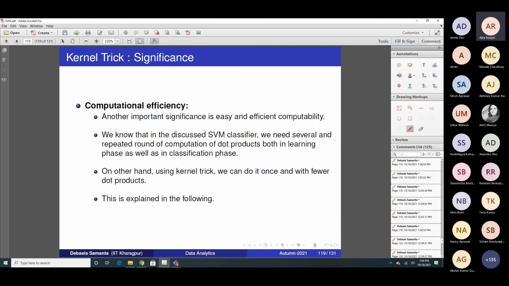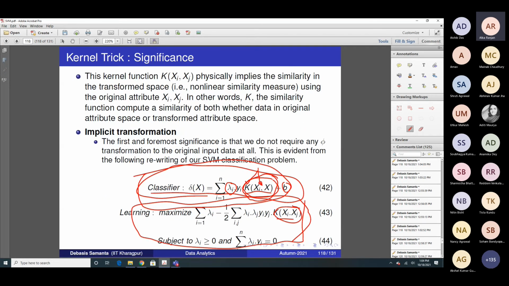Only in case of computation, as you know, the unknown parameters are lambda i's, that is the Lagrangian multiplier, and then the b value, the constant. This is the one-time computation. Once the unknown parameters are known to you, and you have developed the Gram matrix, then you can consult this Gram matrix to decide the fate of an unknown or test data, in which class it belongs.